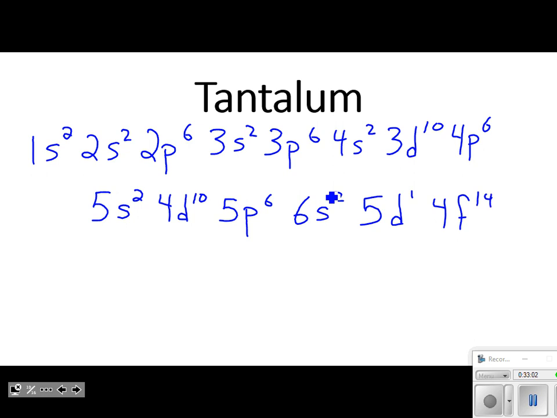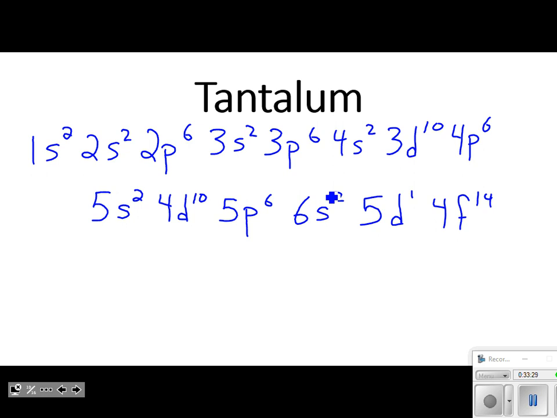And I'm going to fill all 14 of those. So now where am I at? What element, what number am I at now? I'm at lutetium, element number 71. What comes after 71? 72.